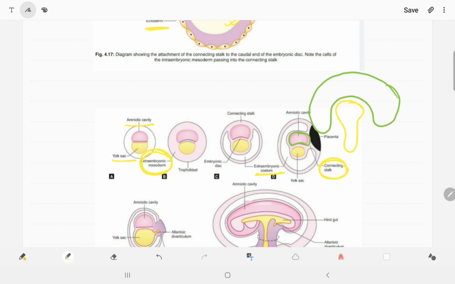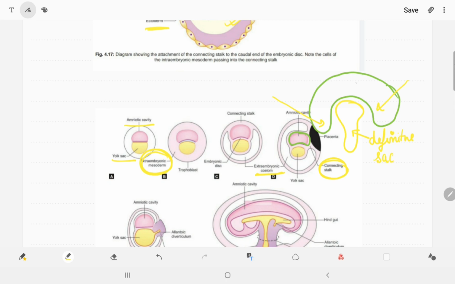And this will form two poles in my embryo, right? The caudal and the cranial ends are formed. Also, at this stage, the yolk sac is known as the definitive yolk sac. So I have told you primary yolk sac, secondary yolk sac, and now at this stage when it becomes very small, this is known as the definitive yolk sac.